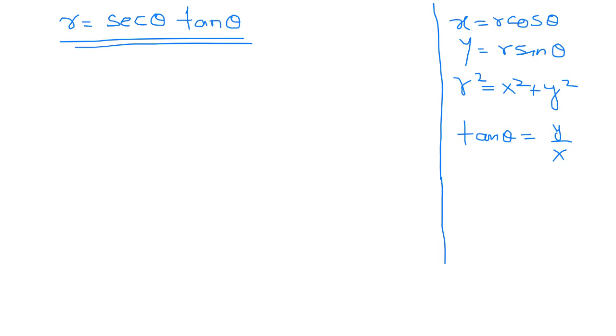Can anybody tell me the hint that how we can solve this one? Anybody? See, we have r, we have secant of theta, we have tangent of theta. Tangent theta is okay. We have the value for tangent theta, y by x. What about secant theta and r?